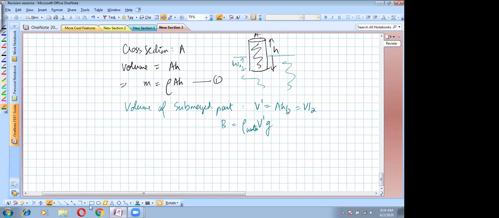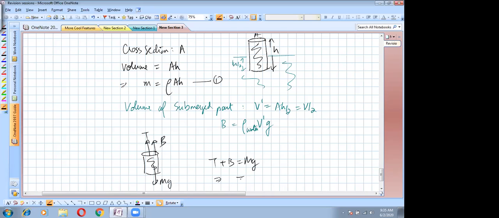So now if you see the cylinder's free body diagram, the three forces acting on it are tension, buoyant force, and weight. So tension plus buoyant force has to balance mg.